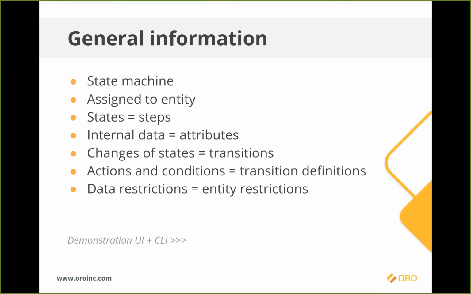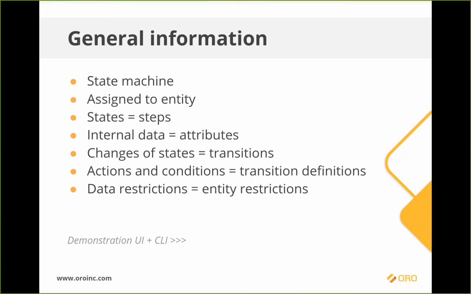Then if you want to change the state, this is actually execution of the transition. And for transitions, we have a transition definition. So this is a list of actions and conditions that is going to be checked and executed whenever you perform this transition. And this is really a huge benefit of using workflows.